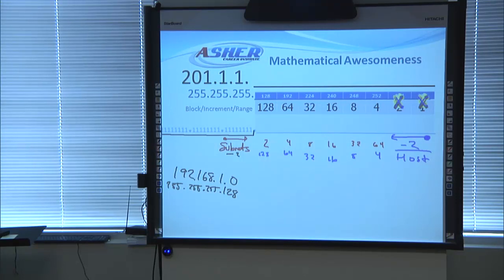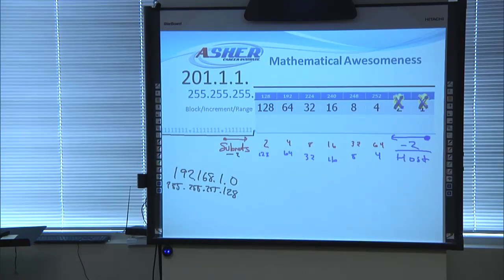Here's your subnet mask right here. X equals 1 and y equals 7, yeah. So there's your subnet mask, there's your block, there's your number of subnets, and there's your number of hosts.